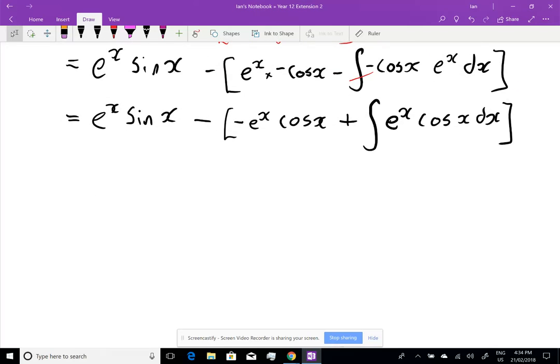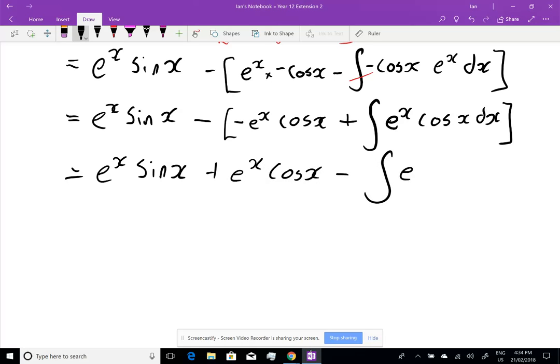So now when I tidy that up, I've got e to the x sine x plus e to the x cos x minus the integral of e to the x cos x dx. And that is where we first started. So we're right back at the beginning.